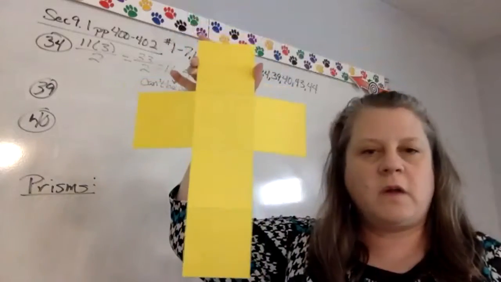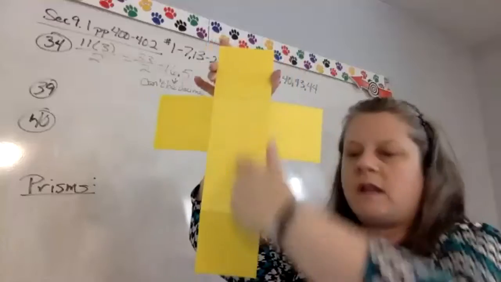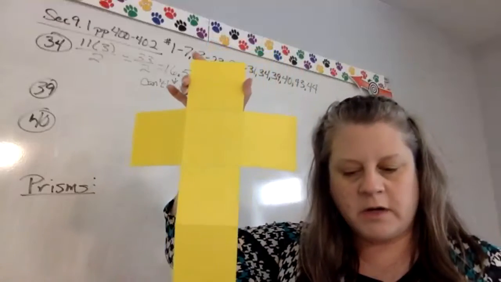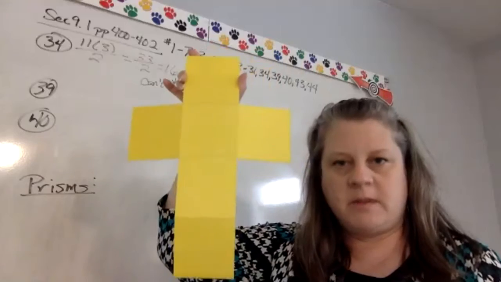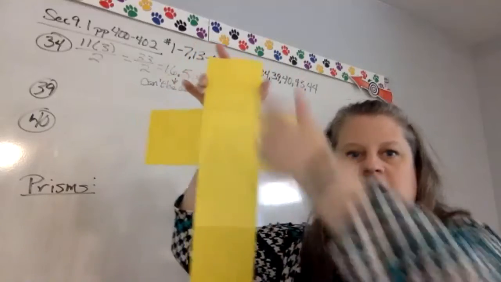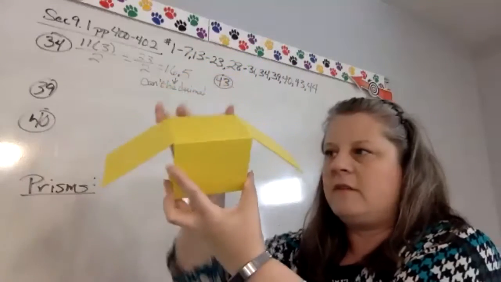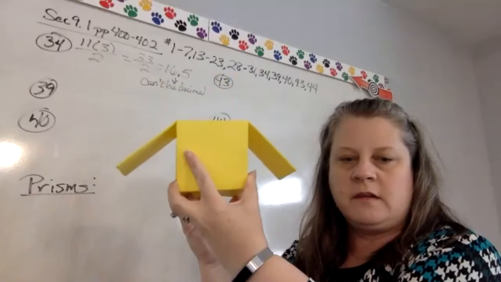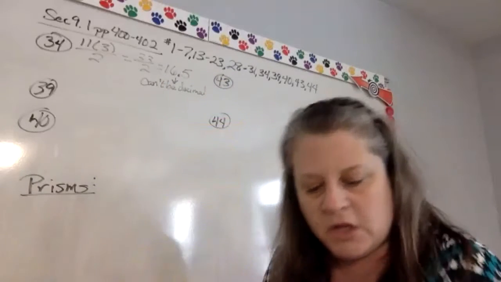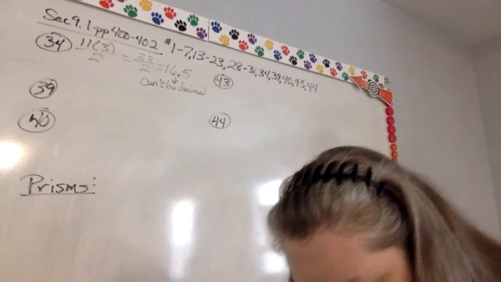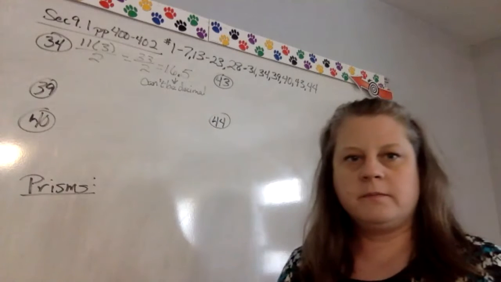To be able to fold into the cube, you need 4 that are going out long for the most part, and then 1 on either side to be able to make the cube. Because you have your 4 going out long because they can fold up and make that part, and then you have the 1 on either side to finish closing it off. So on part A, would that one make a cube?